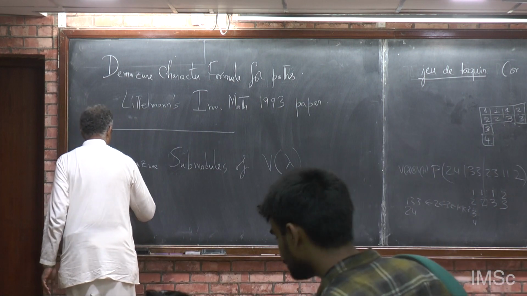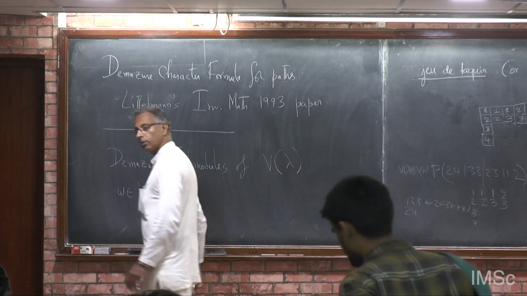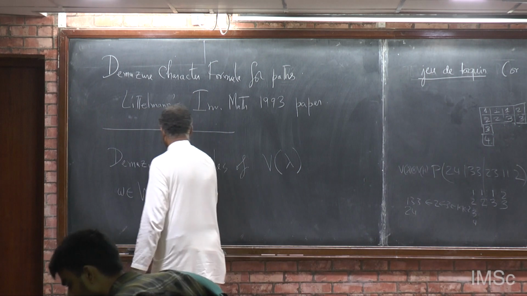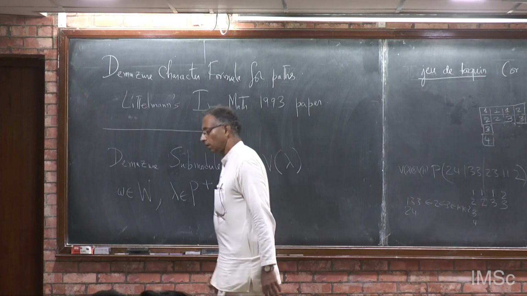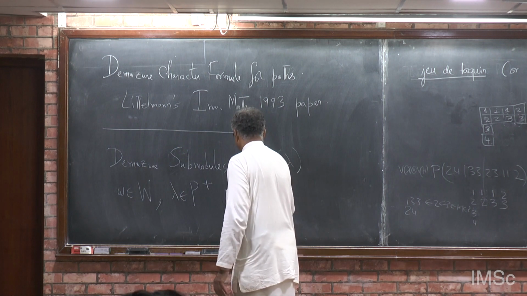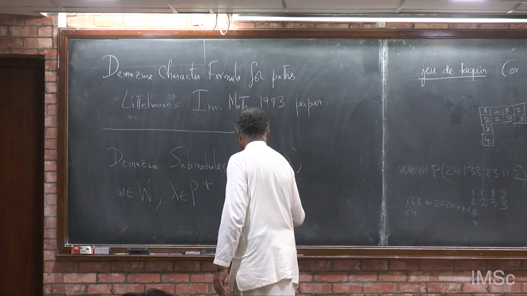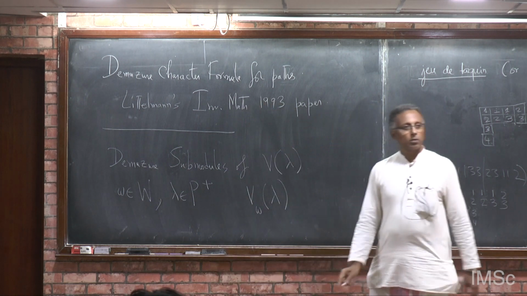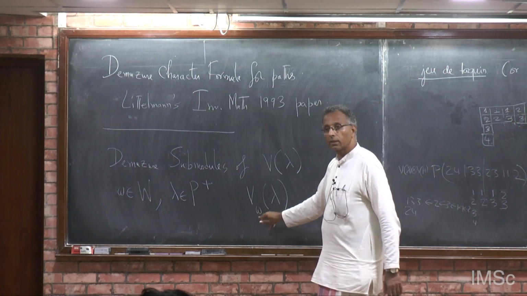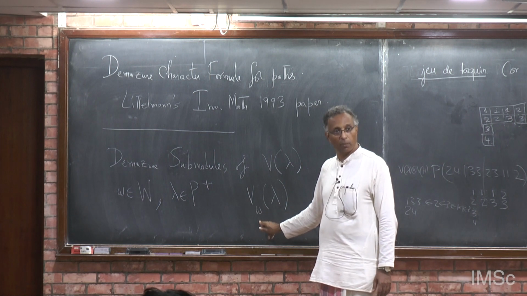Okay, so given w in W and lambda in P plus, this V_w, I'll put now I have this additional decoration of w.